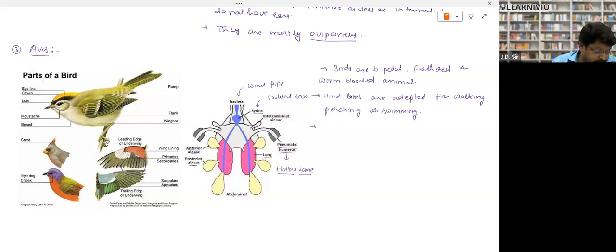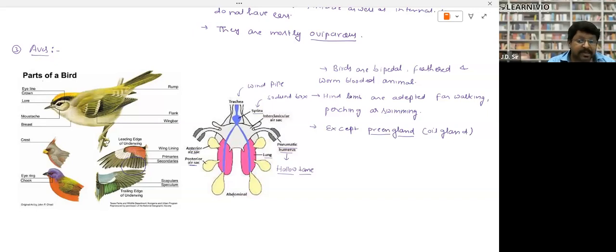Next, except preen gland. It is very important. What is preen gland? Preen gland is basically an oil gland, which is also not found in every bird.